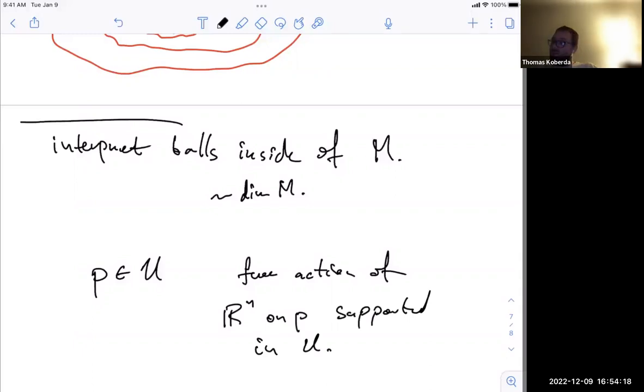If you do a little more work, you can talk about a parametrization of this ball: the parametrization sends the origin in Rn to the point P, and every point in some ball containing P is parameterized by a particular point inside of Rn.